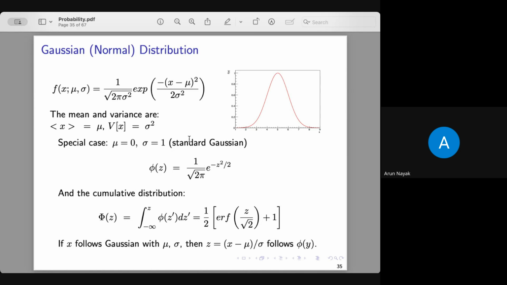This is called the standard Gaussian, which is 1 over square root of 2 pi times e to the minus z squared by 2. And the cumulative distribution, which I already showed before, you integrate from minus infinity to z, and that gives you half of the error function of z by square root of 2.